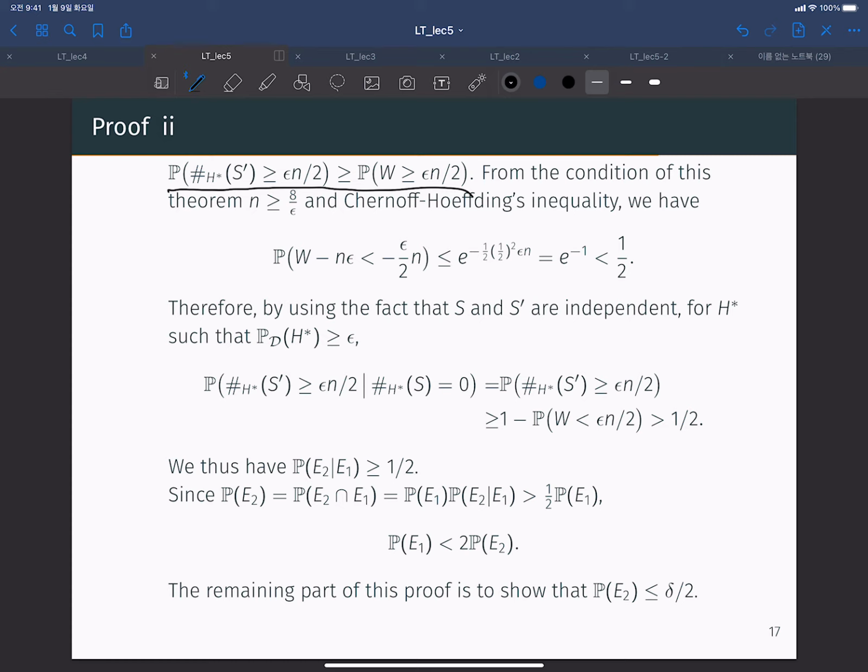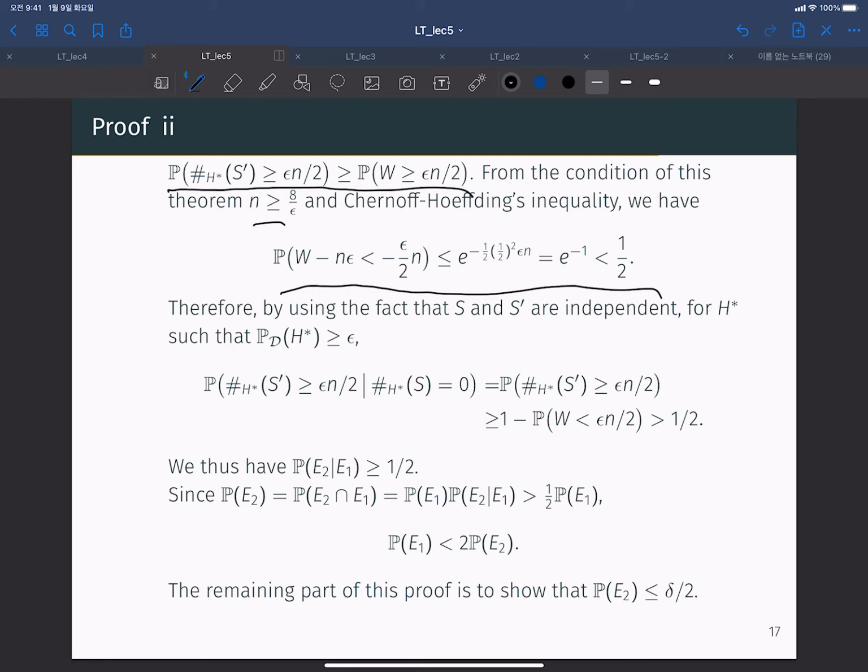And from the condition of this theorem, n is strictly greater than 8 over epsilon, and the Chernoff-Hoeffding inequality, we have this. So this simply uses the concentration inequality, Chernoff-Hoeffding.